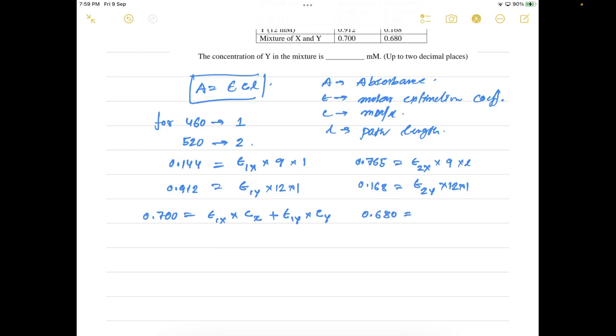For the mixture it will be epsilon 2x times Cx plus epsilon 2y times Cy.